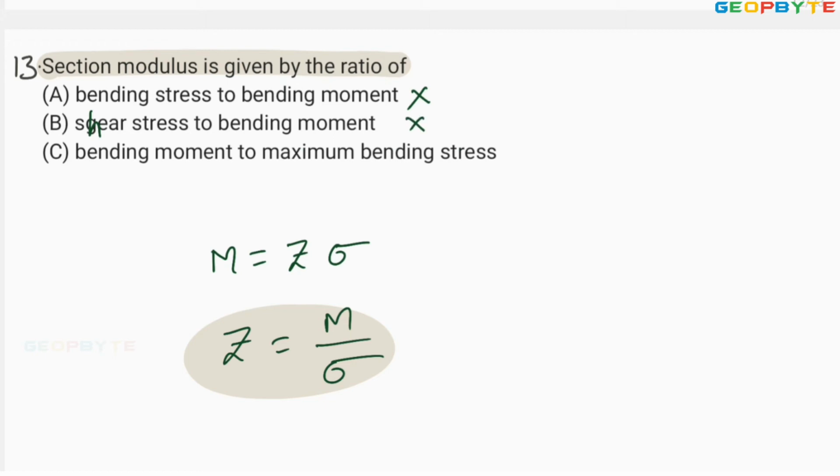No. Bending moment to maximum bending stress. Therefore, option C is absolutely correct. The ratio between the bending moment and maximum bending stress is ideally equivalent to the section modulus. Remember, it is just section modulus, not polar section modulus.